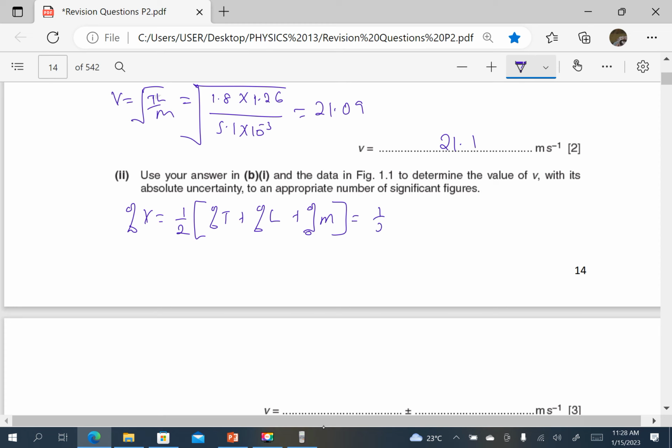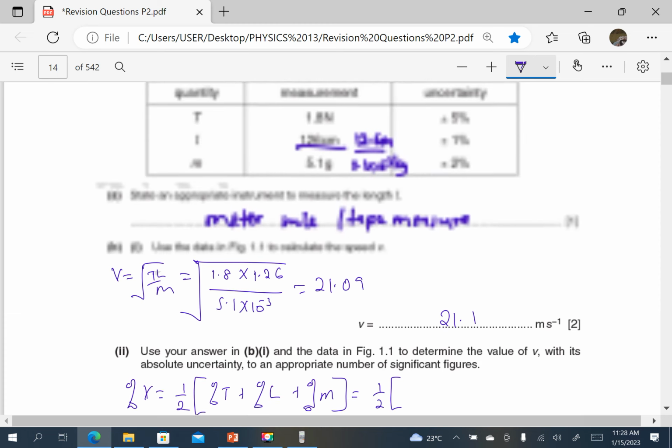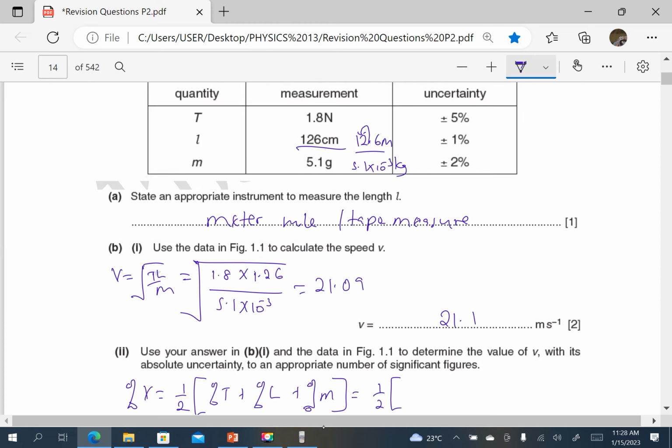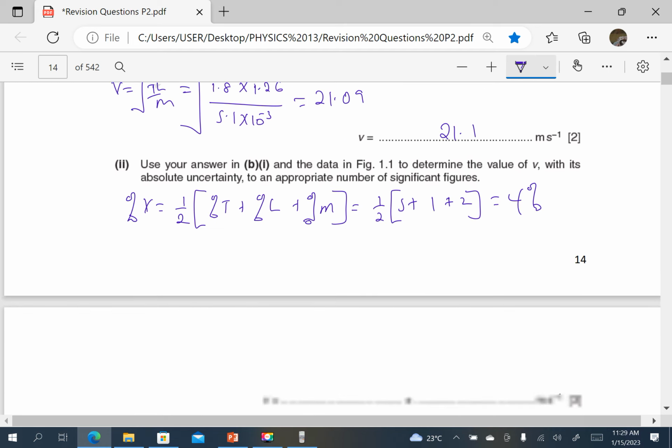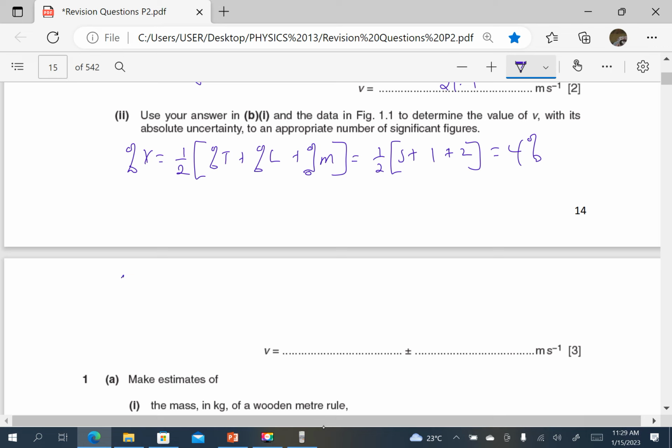This will be a half into percentage in T is 5, percentage in L is 1, percentage in m is 2, which is 8 over 2, which is 4%. So the percentage uncertainty in v is 4%.